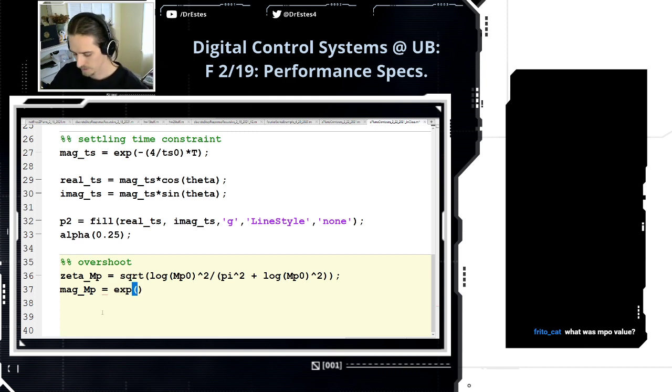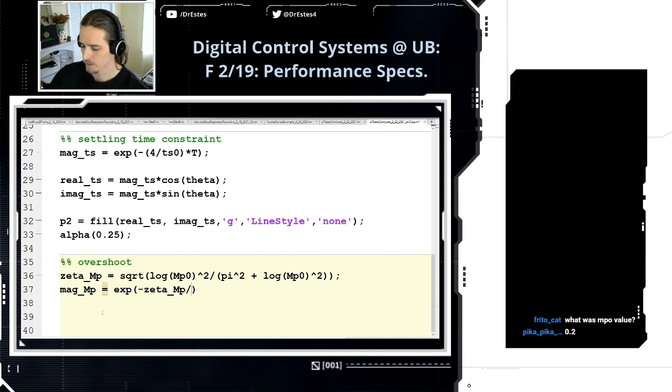So we have the exponent of minus zeta MP divided by the square root of 1 minus zeta MP squared. And then I want to multiply this by the angle, and I think this is where my problem is.